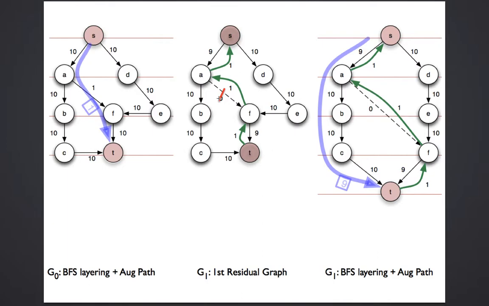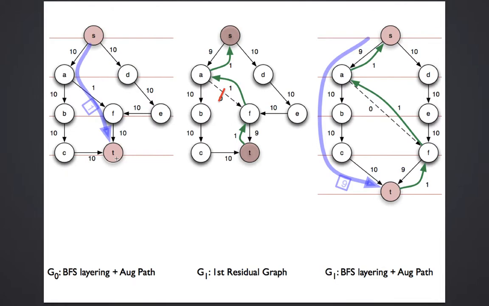For example, here the maximum flow value along this augmenting path is 1. The minimum value is 1.